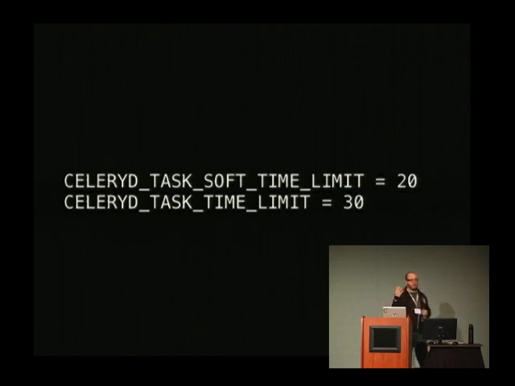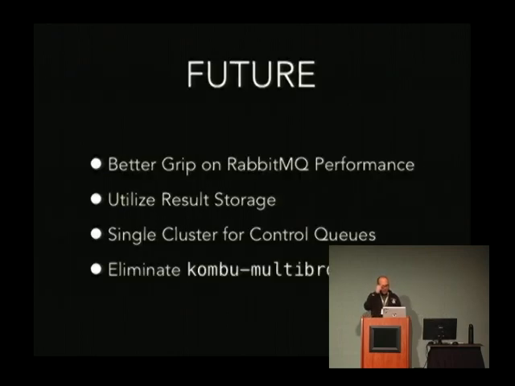We'll throw an exception when you hit that limit, and it'll log a message. We also have a hard time limit at 30 seconds, which will just kill the process if it takes that long. When that happens, if you're using these different fault tolerance options like acks late, it'll actually get re-enqueued, which is great. In the future, we'd really like to get better at RabbitMQ performance.